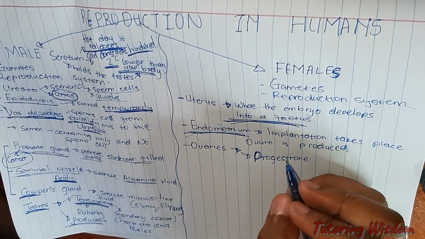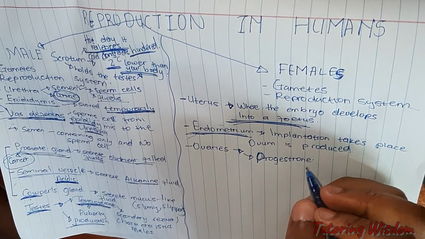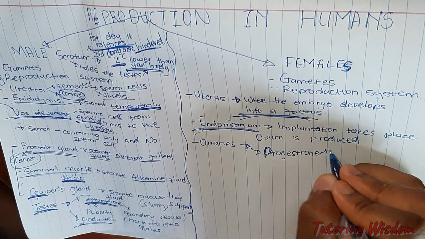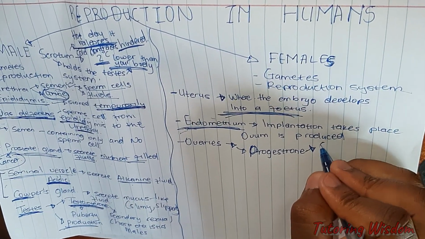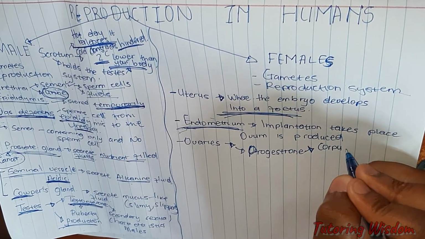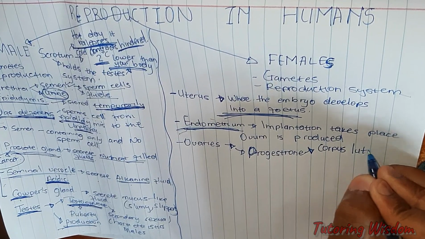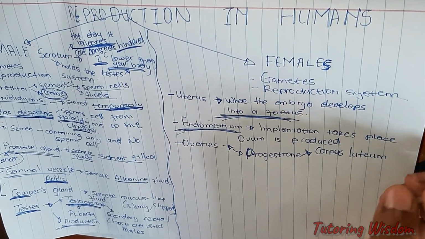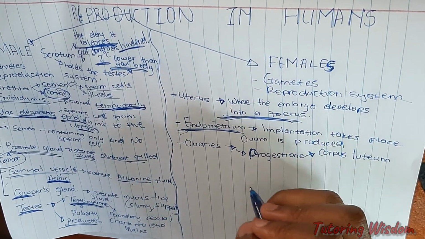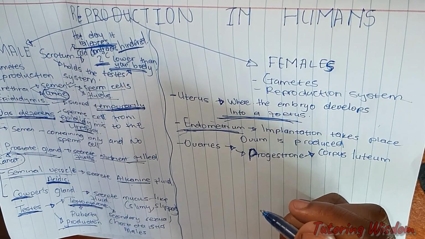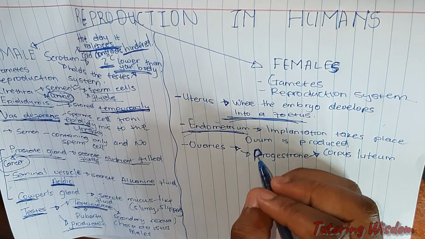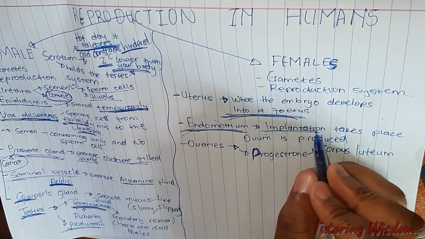So I'll explain first what progesterone does. Progesterone is secreted by your corpus luteum in the ovaries. So progesterone further thickens your endometrium wall so that it's ready for implantation.